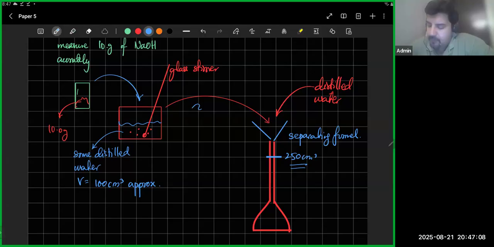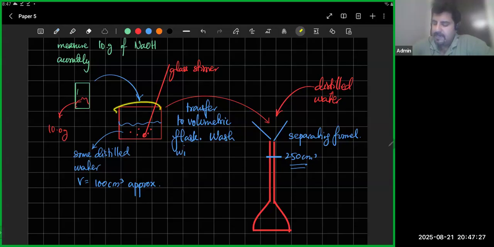Okay, and when he's trying to transfer to the volumetric flask, you're going to add the washings as well. So wash with distilled water and add the washings as well. Because you don't want anything sticking over here. You don't want anything on the funnel as well. So when you're using distilled water, you're also simultaneously washing the funnel.